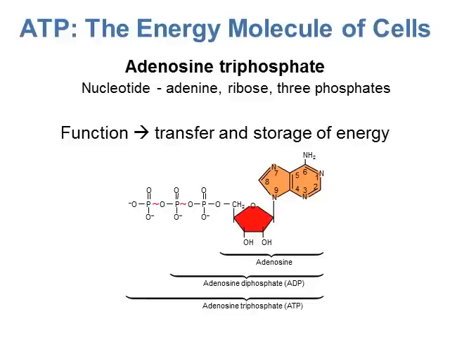It has an adenine nitrogen base attached to a ribose sugar, and then instead of one phosphate, you have three phosphates attached in a line. These three phosphates hold lots and lots of energy in them. So the function of ATP is just to transfer and store energy for really short-term energy use. So we're going to be having cells making ATP during cellular respiration.